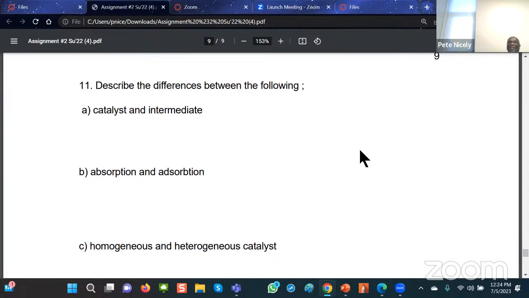So let's see if we can answer these questions together. All right. So the A part of number 11 says describe the differences between the following. And in the A part, it says catalyst and intermediate. So who'd like to take a stab at this one? What's the difference between a catalyst and an intermediate?